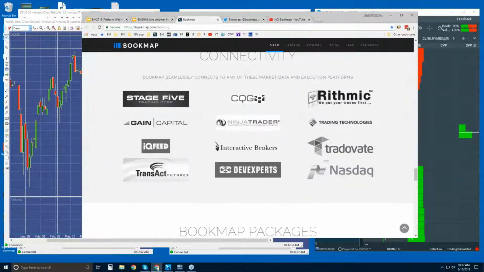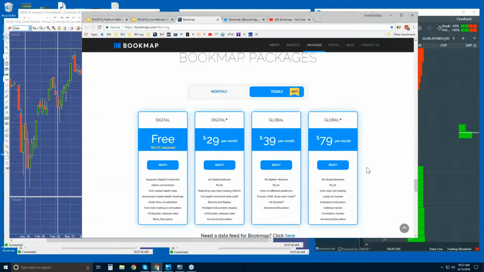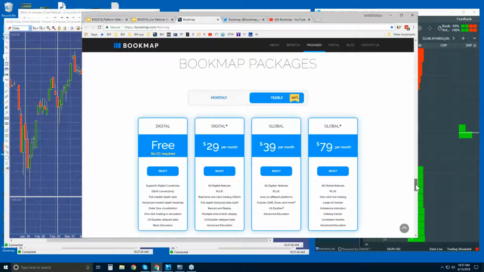Now, subscribing to Bookmap. This is where you can find it, just a little bit further down. You can subscribe yearly and get a 20% discount, or monthly. You can see the prices here and the different versions: there are digital versions and global versions. The digital version here is free.